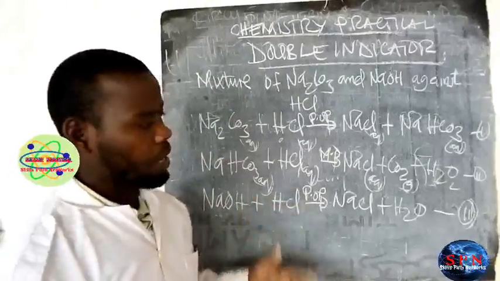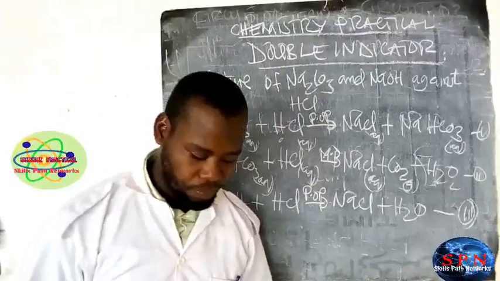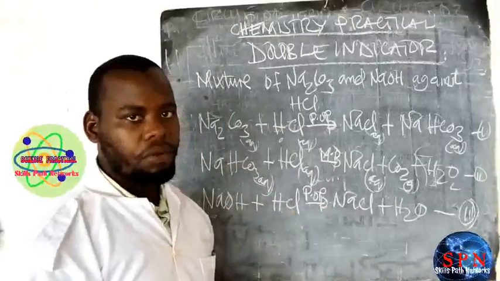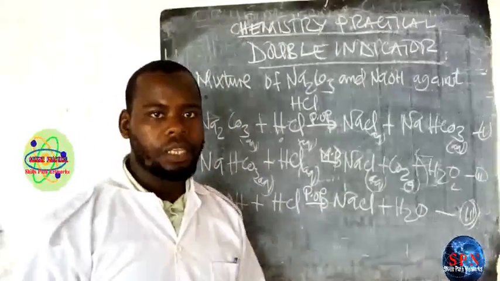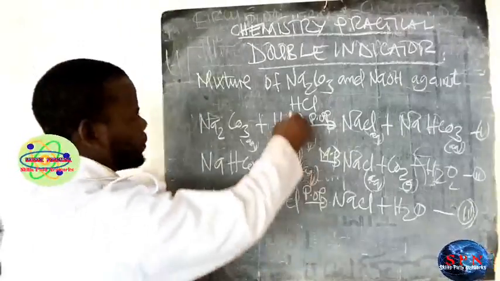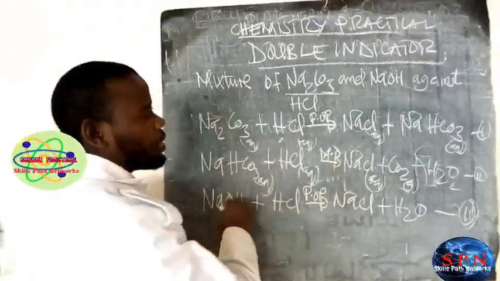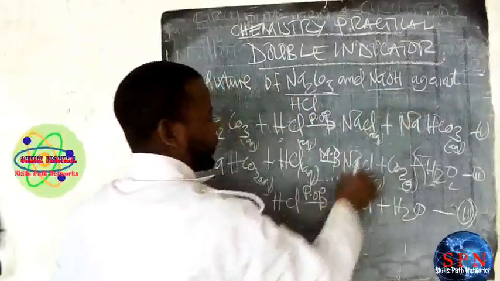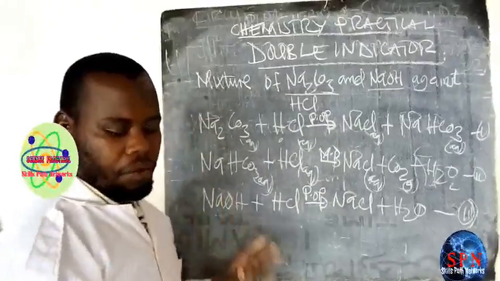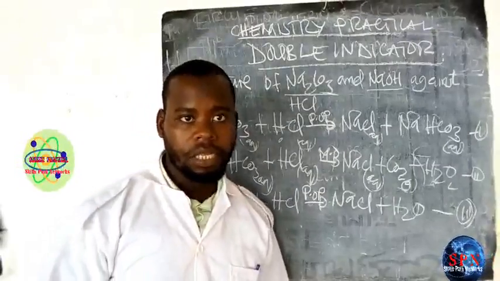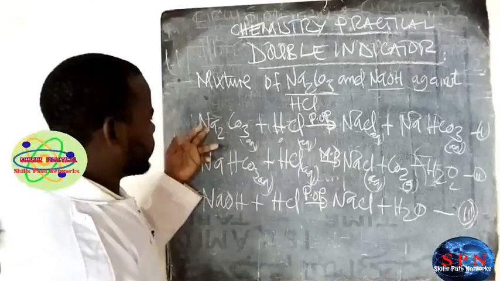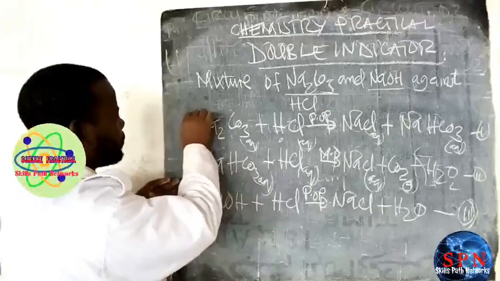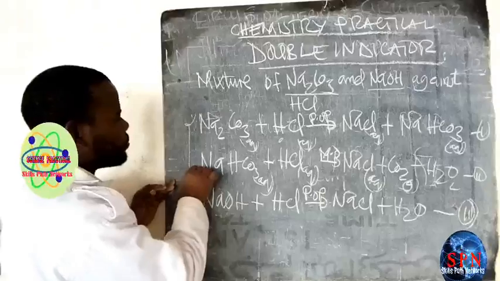That is our reaction. After this, we want to see which volume of hydrochloric acid is used to complete this one and to complete this one. We want to see the volume of hydrochloric acid to neutralize sodium carbonate, from here up to here.